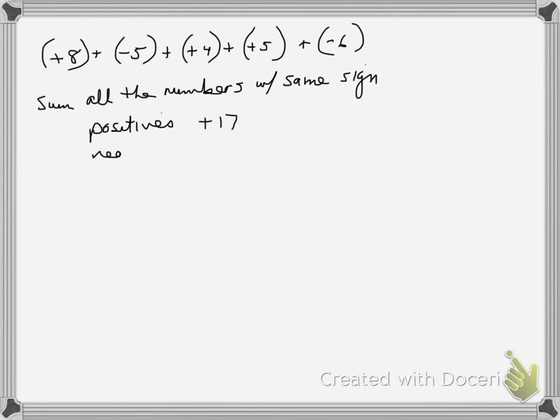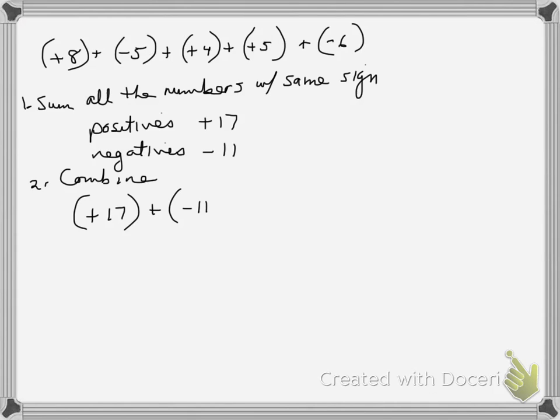All our negatives together, which would be -5 and -6 or -11, and then combine. Now what I have, you don't have to rewrite it, but what you have now is a positive 17 plus a negative 11.